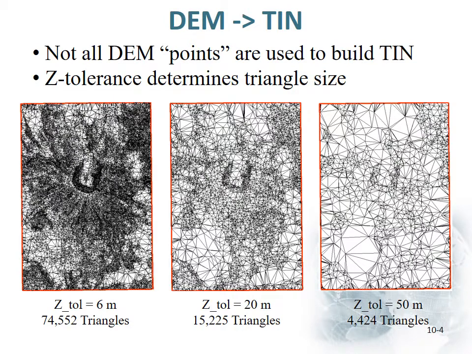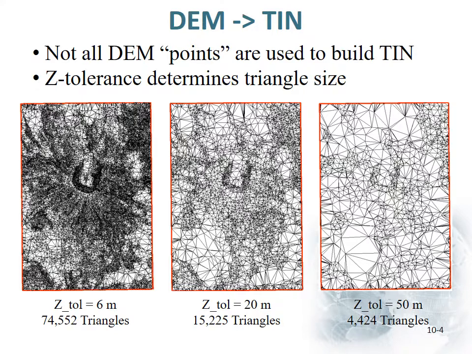So when a DEM gets sampled, not every cell location is used as a point to build the tin. There's a parameter called the Z tolerance. Z here refers to vertical elevation above mean sea level.